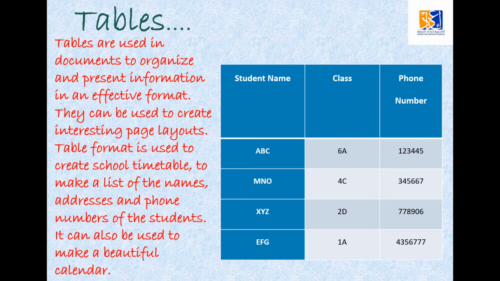But when I make a table, it's going to be very easy for me to organize my information. So that's why we create tables in Microsoft Word, to organize and present our information in an effective format. By looking at the table itself, we'll come to know what the information is about. Yes or no? Yes.